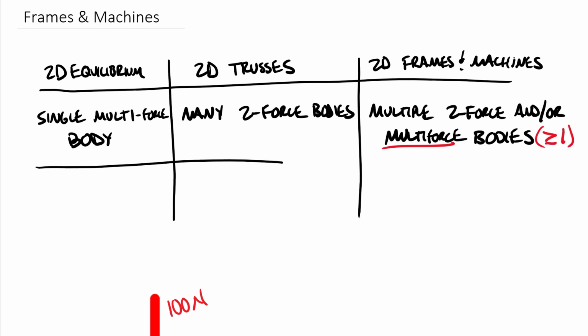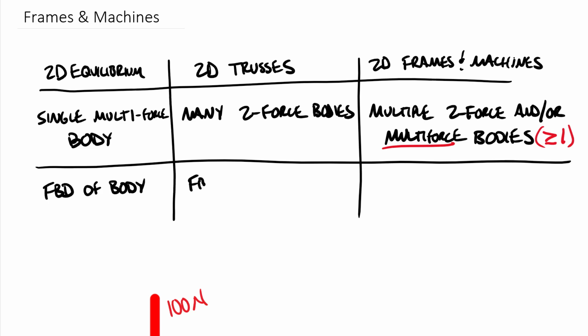Okay, so the next row here, we're going to talk about what kind of free body diagram we create. So we created here a free body diagram of the body. For 2D trusses, we created either free body diagram of joints, or we also did a free body diagram of sections.